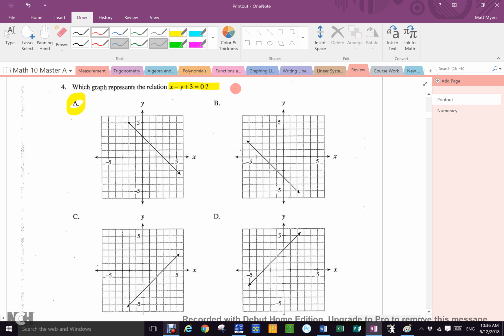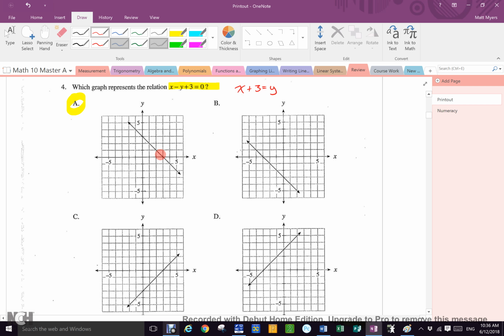You move the y. So you got x plus 3 equals y, right? Do we recognize that? Does that tell us some information when y is by itself and there's no brackets? What does it tell us? It tells us a slope of positive 1.